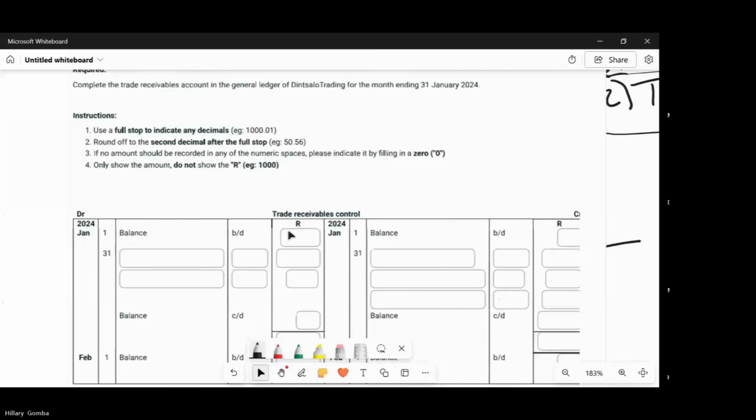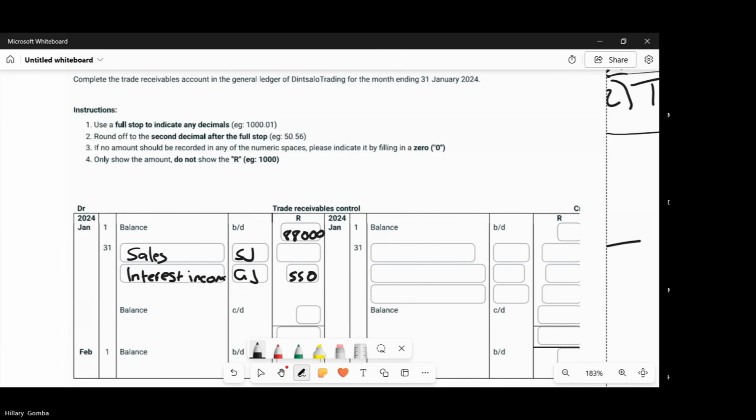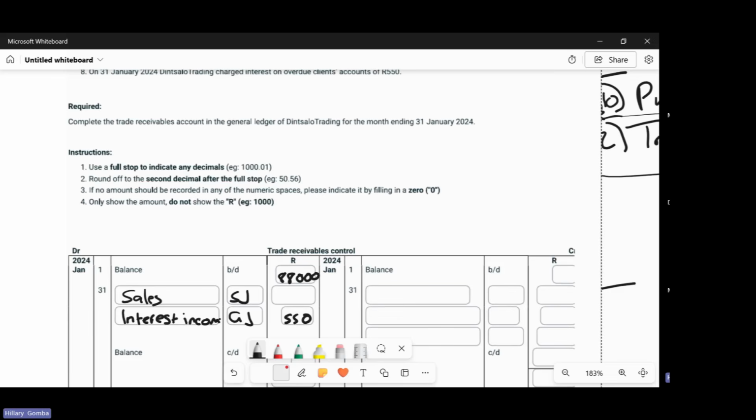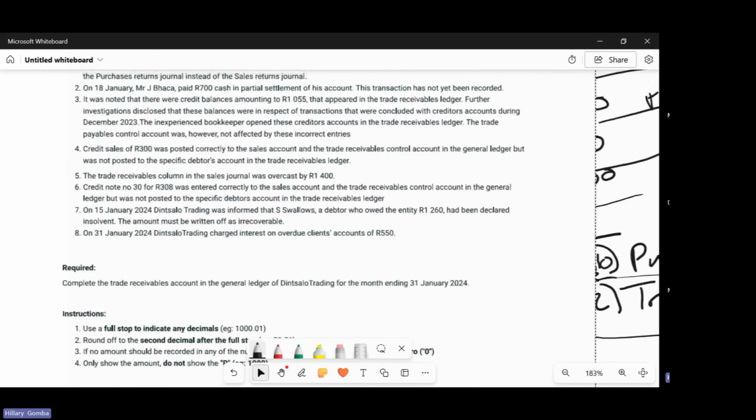Okay. So here we have 88,000. Here we have 550. Then here's our sales journal. Here we say it's the general journal, which is your interest income. And then here you have your sales. Then we move to our credit sales, where we need to subtract 1,400 from the credit sales.